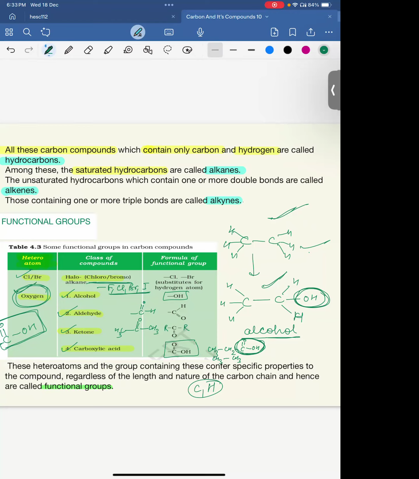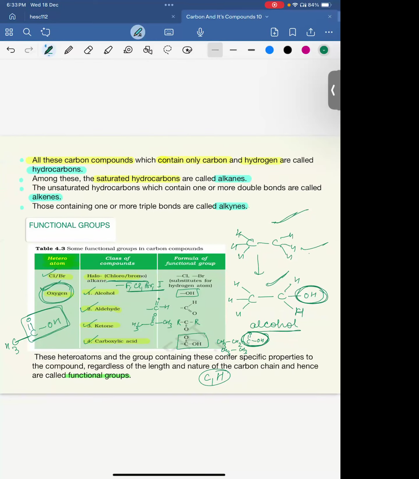We replace any hydrogen with these heteroatoms, so they add some property to these compounds, and hence these are called functional groups. Everyone clear? Any element which replaces hydrogen is the heteroatom.